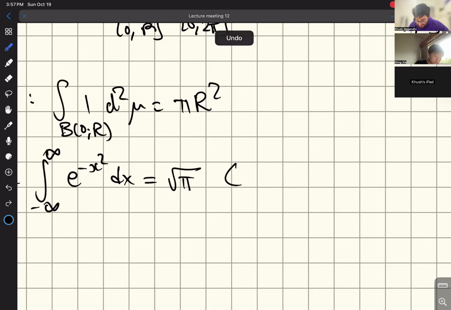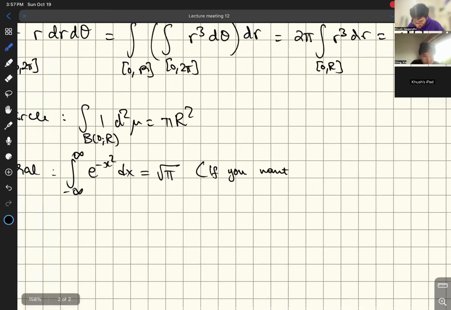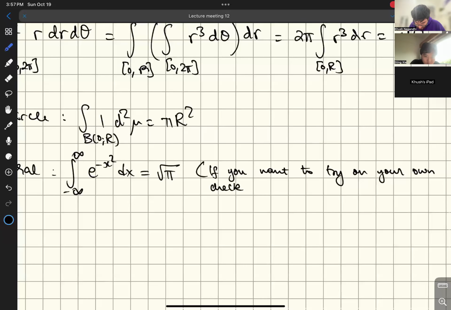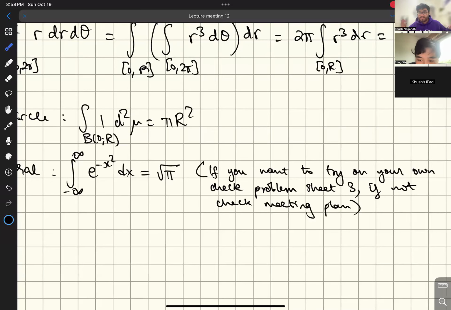So if you want to try it on your own, check problem sheet 3. If not, check the meeting plan. It's outlined. I mean, I've done the solution.